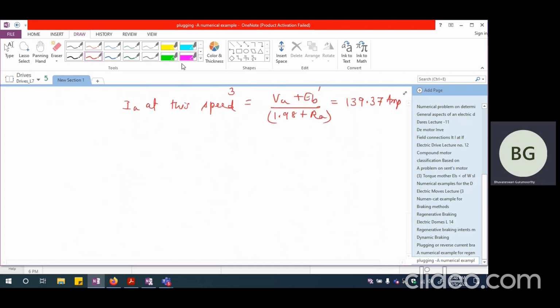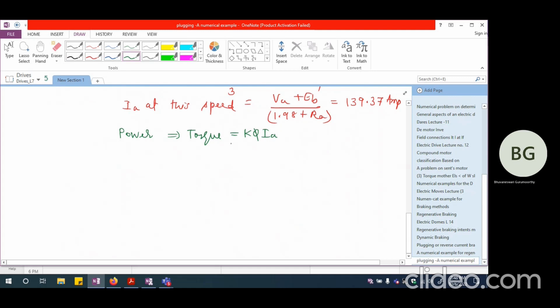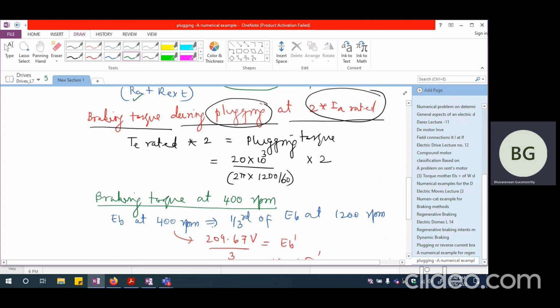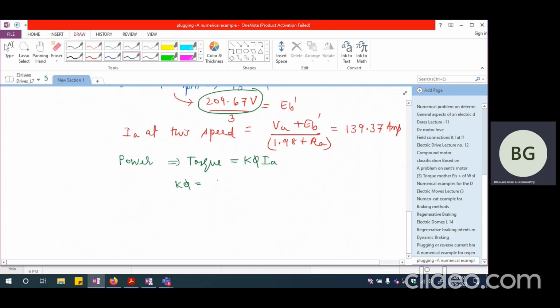So I should be able to calculate what is the power or what is the torque. The torque I can calculate as K phi IA. We can calculate K phi as the original value of voltage I got for 1200 RPM. So that is 209.67 divided by 2 pi multiplied by 1200 by 60.